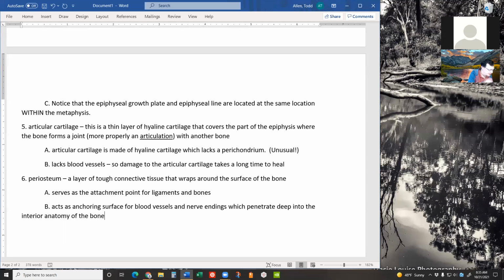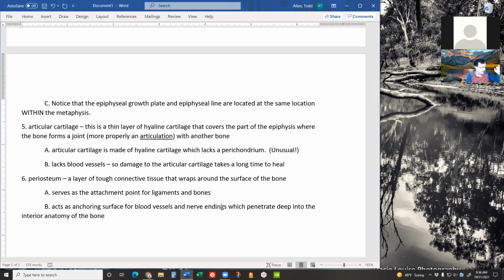Okay, you can see this a bit more if you take a look at figure 6.3, on page 182 or somewhere close to that. What I would ask you to look at on figure 6.3 is panel A. Along the right-hand side, you see the boldface term periosteum.